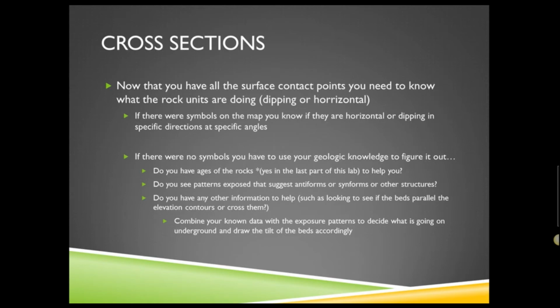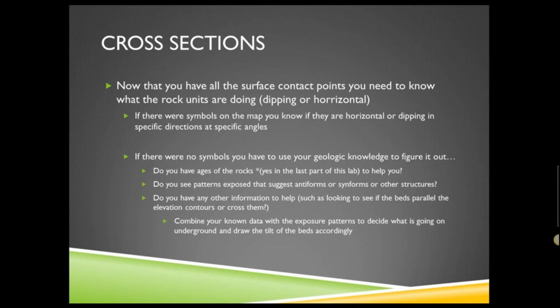If you've made your map out in the field, unless at an outcrop you could actually tell what angle a bed was dipping, you're not going to have that. You're going to have to use things like the ages of the rocks, the pattern of exposures that you see, the types of rocks that you see, and any other information available.